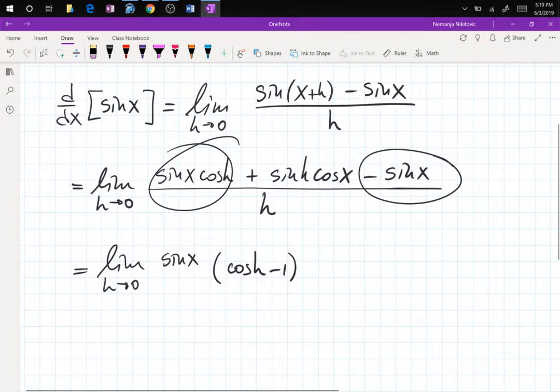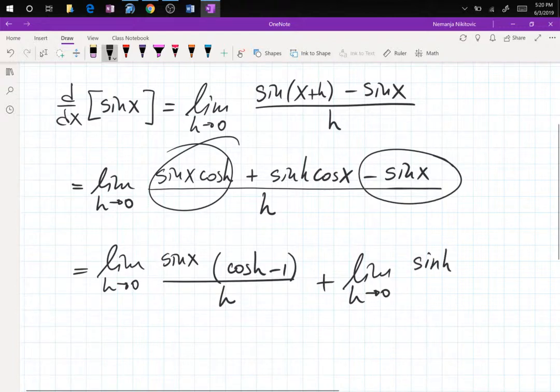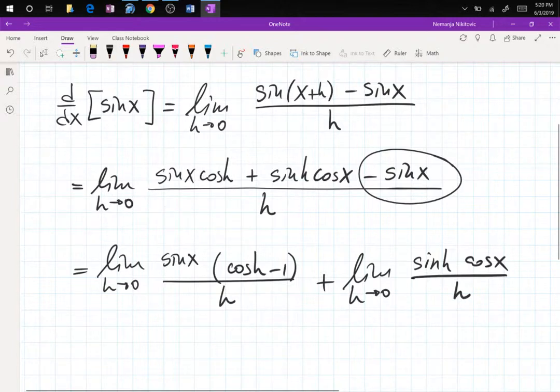Okay. Let's do it this way. What about the sine h? I said we're splitting the limits, right? Yes, sorry. Patience, young Padawan. Cosine x times sine h over h. There we go.